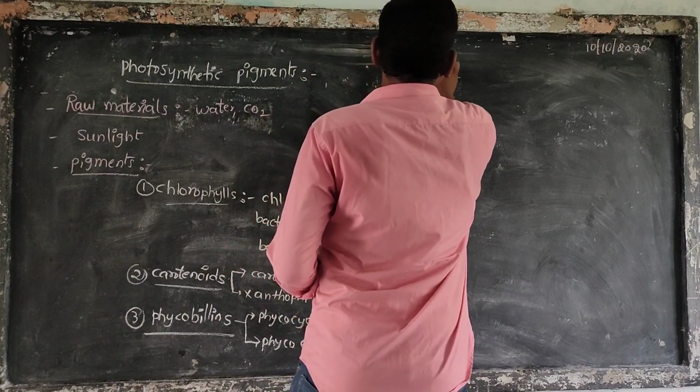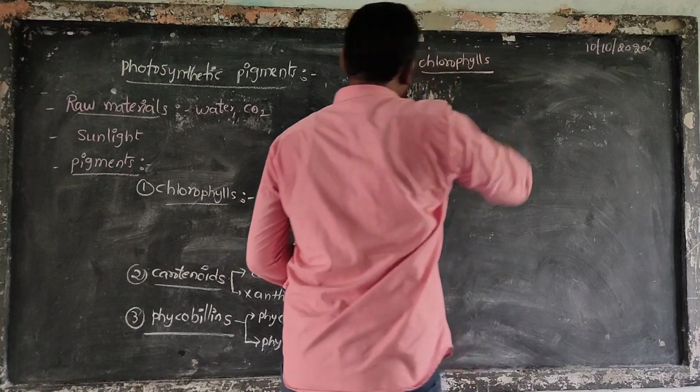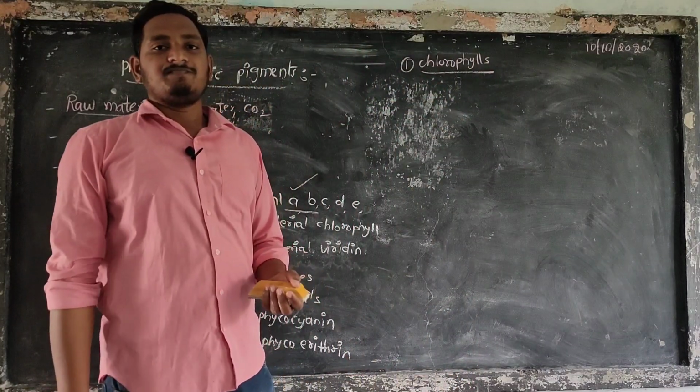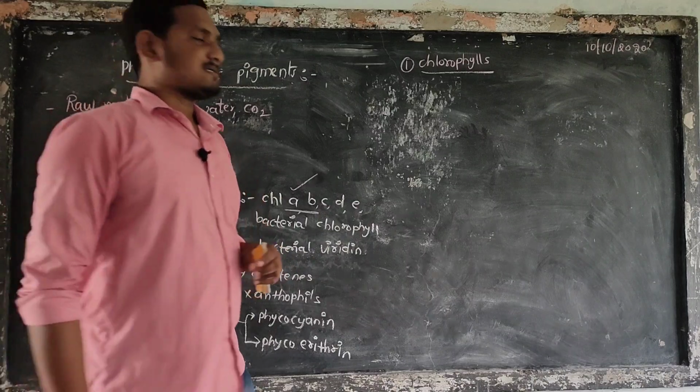Now let's talk about chlorophylls. The entire chlorophyll molecule mainly contains two parts: the head and the tail.